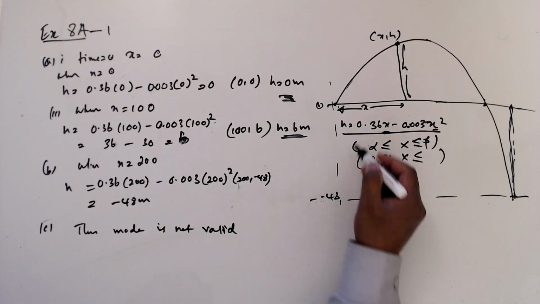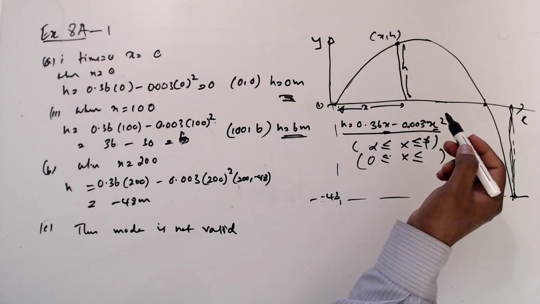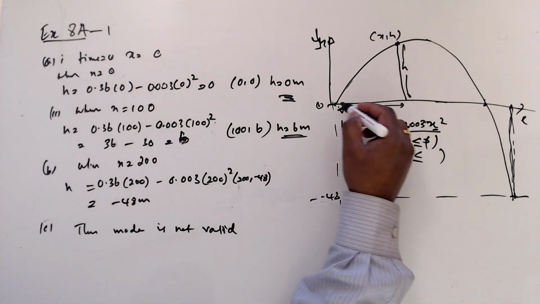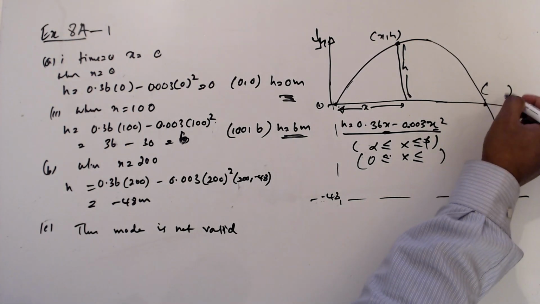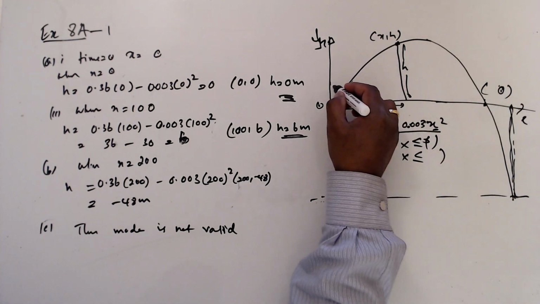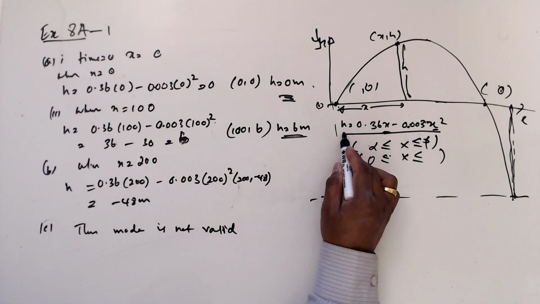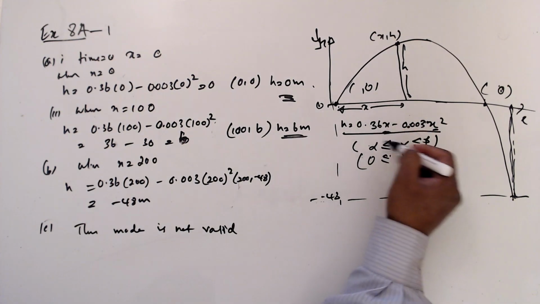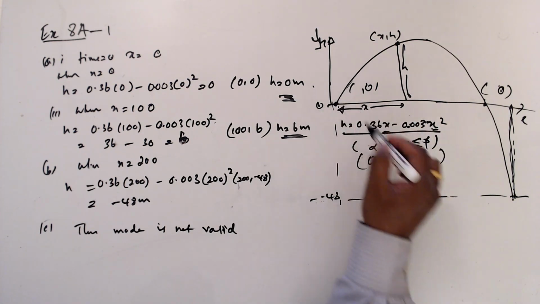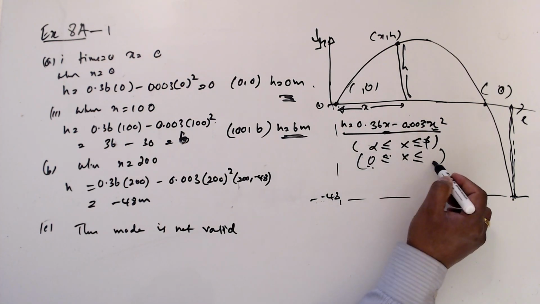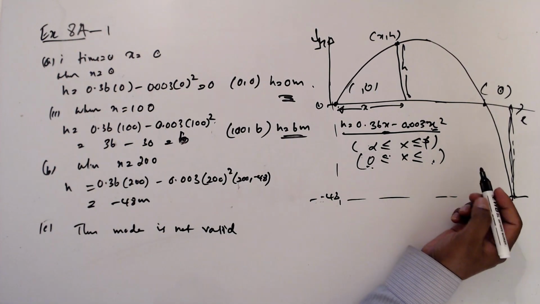We know that this is the x-axis and this is the y-axis, the h-axis, and this is the intersection point with the axis, or in other words, where h equals 0, and this is also a point where h equals 0. So when h equals 0, when we find the roots for this x, they are the values of the boundaries.